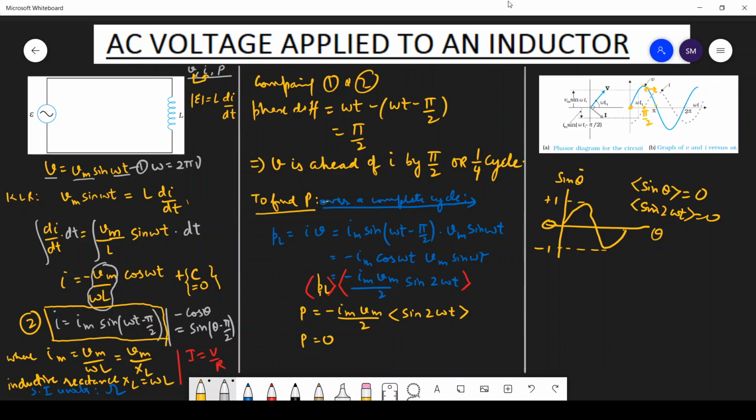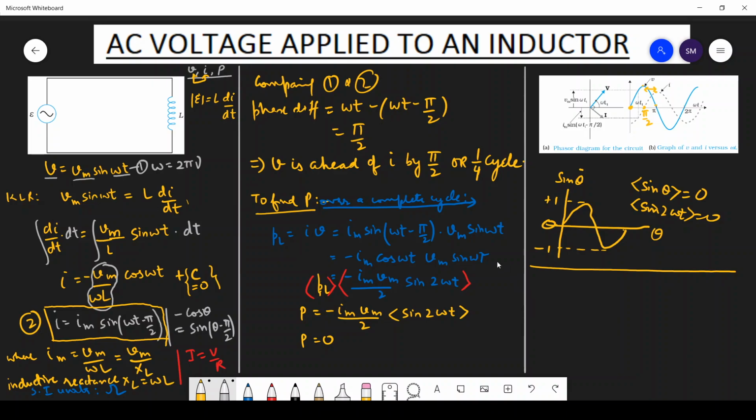What does this mean? It means that no energy is transformed in an inductor on an average, and no energy is dissipated as thermal energy, like it was the case of a resistor.